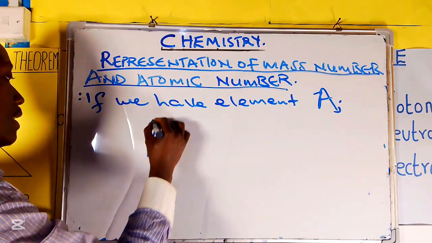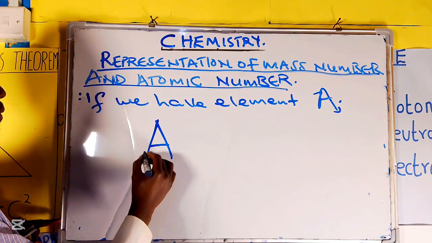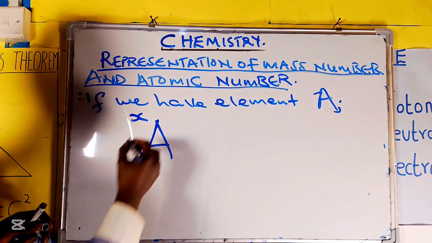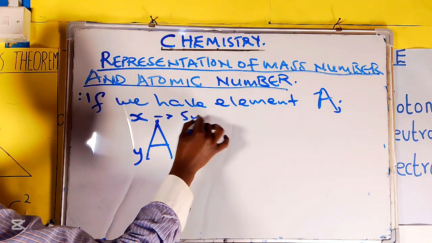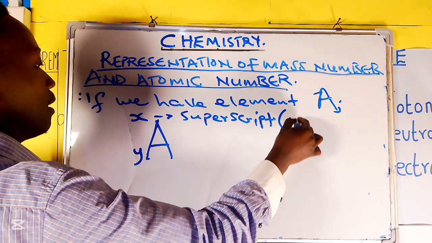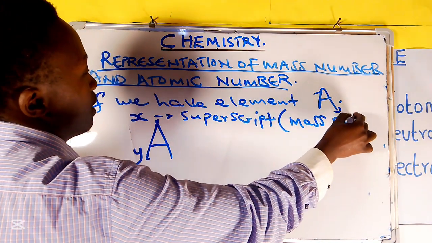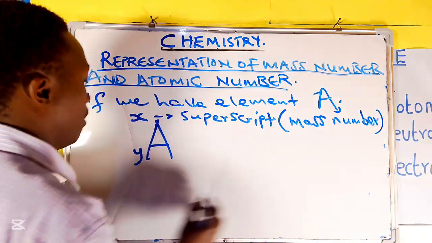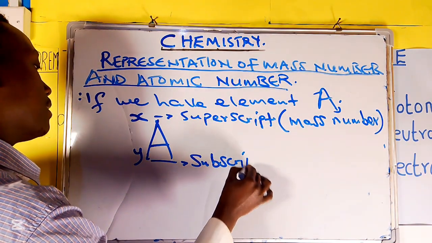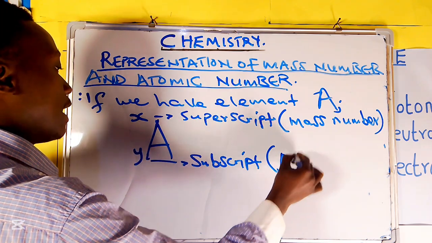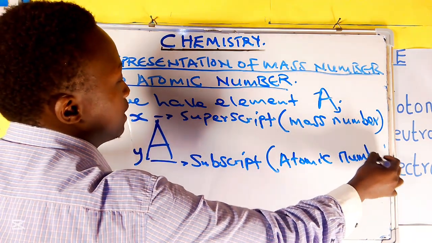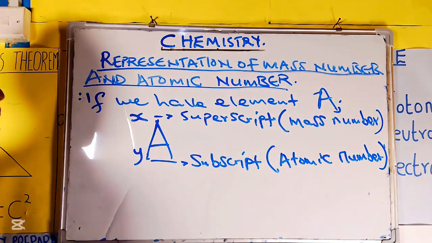So for us to represent them, we have element A, we have X, and we have Y. The superscript, the one above, is what represents the mass number, while the subscript represents the atomic number.